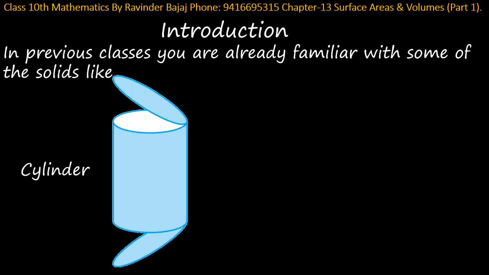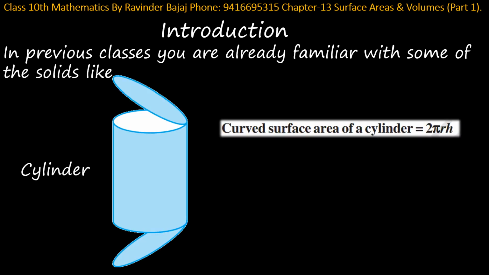For the cylinder, curved surface area of the cylinder is 2 pi r h. Here h is the height of the cylinder, r is the radius. If I complete this circle, this is the base and this is the top. So radius is this one.